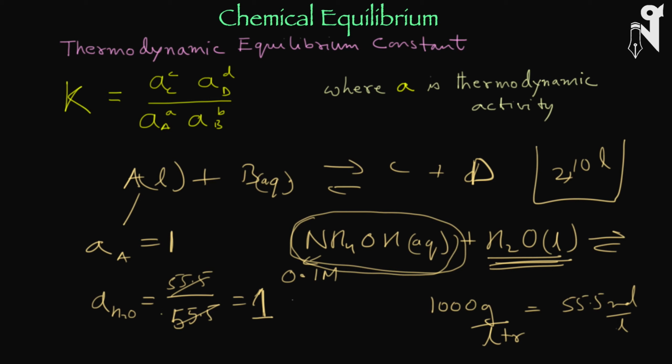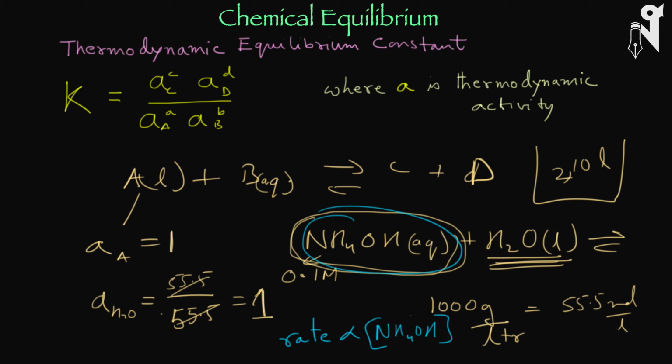Now you can give various reasons for it, like water is so abundant around it that the rate forward is going to depend only on the concentration of this. Higher is the concentration of NH4OH, higher will be the rate forward.